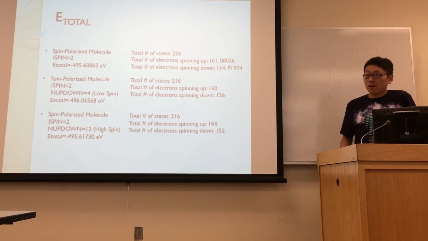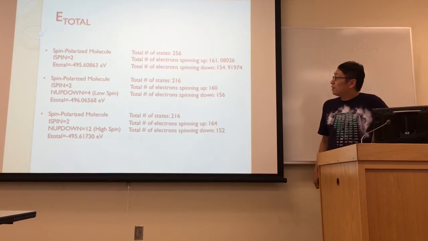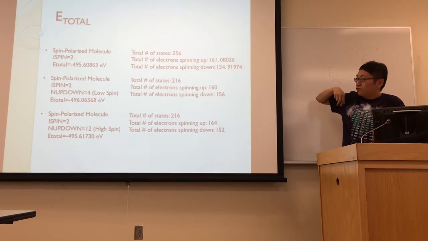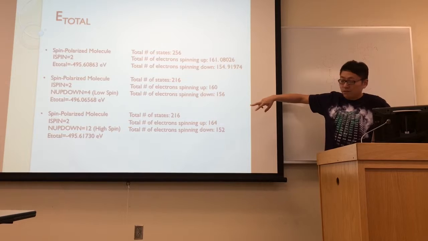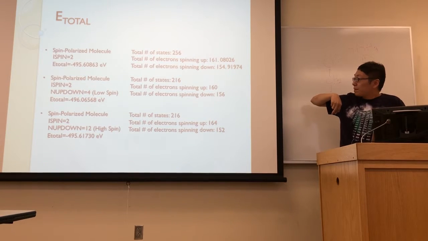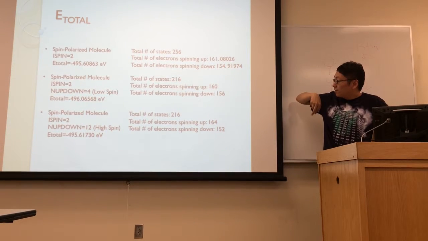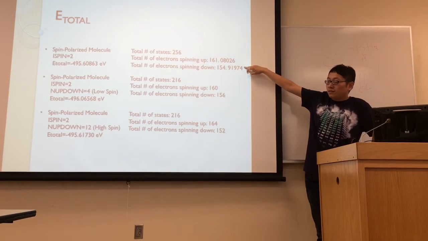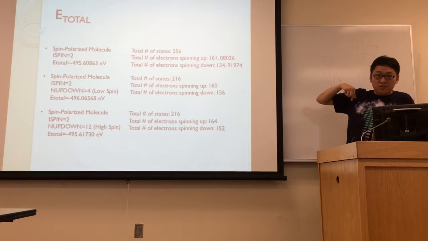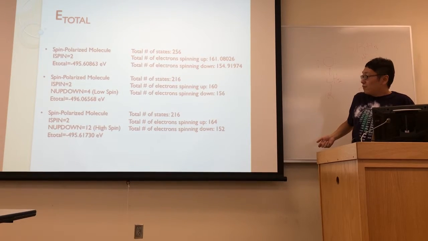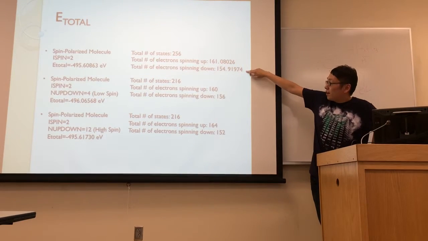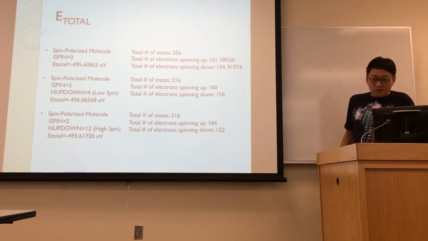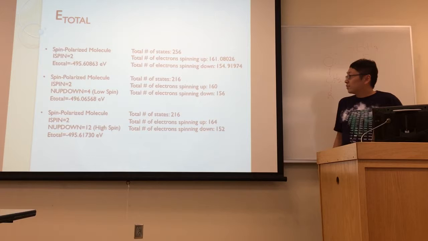Interestingly, I looked into detail about the electrons from the OUTCAR file, and we could see that the states here are different. After you use this code to run through the basket, the high and low spin states have a different total number of states. That's why we think the system takes it in average, because the number of electrons doesn't show an integer here.